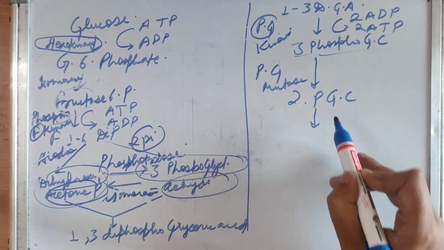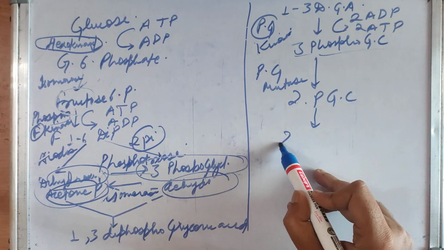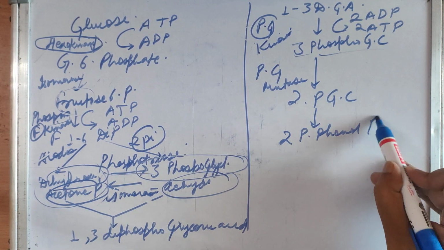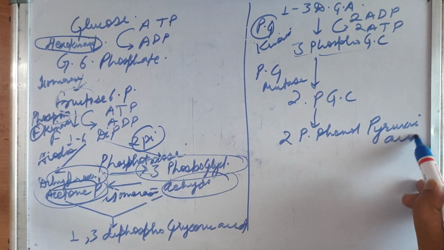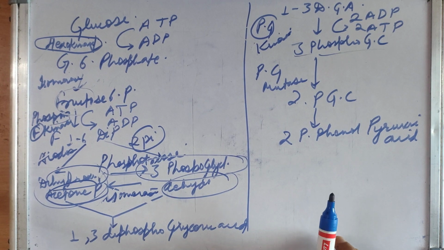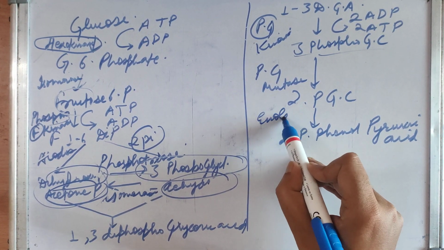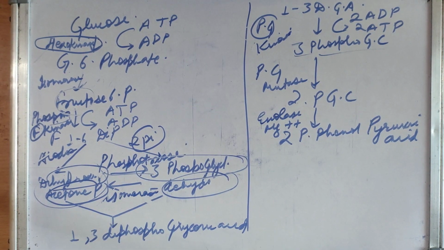And then this 2-phosphoglyceric acid is converted into 2-phosphoenol pyruvic acid. Here the enzyme that is used is enolase in presence of Mg++.